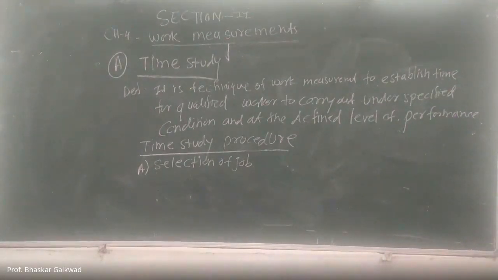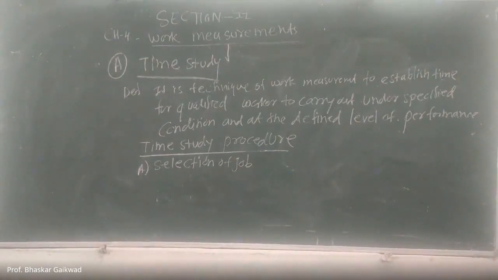If no work measurement study has been conducted earlier, that is, if a job is in process and a study has not been conducted, a job should be selected for time study based upon the preference or operation involved.